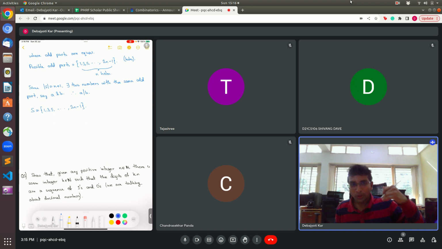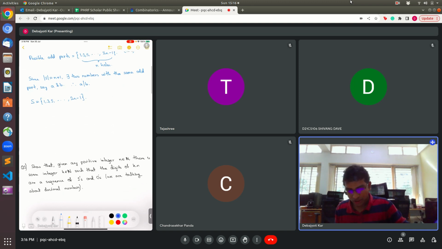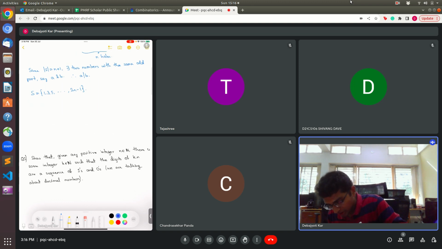Now we are going to iteratively construct our required set of n numbers. So what are we going to do?